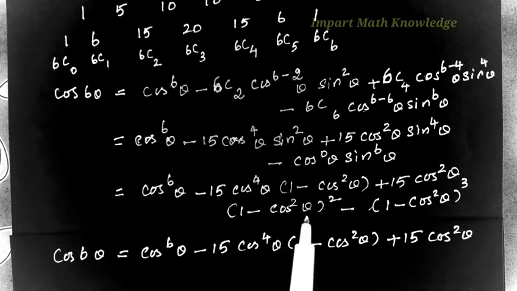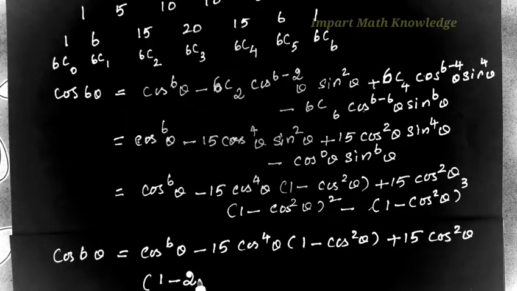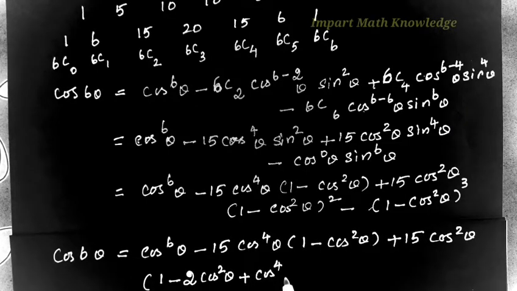Expand 1 minus cos square theta whole square using a minus b whole square formula. That is 1 square minus 2 into a value, which is 1, into b value, which is cos square, plus b square, that is cos 4 theta.